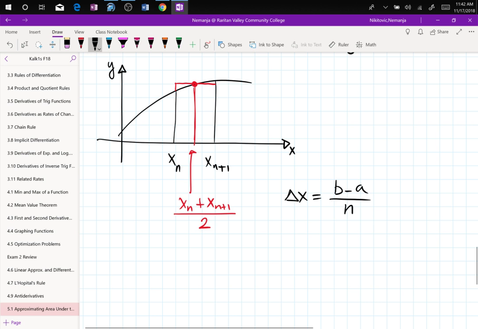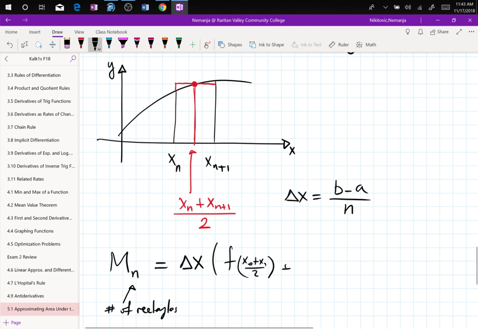So, what am I going to do? Well, now we call this M, Mn, n standing for number of rectangles. It's going to be delta x times, and now you will have all of the averages in here. f of x0 plus x1 over 2, right?